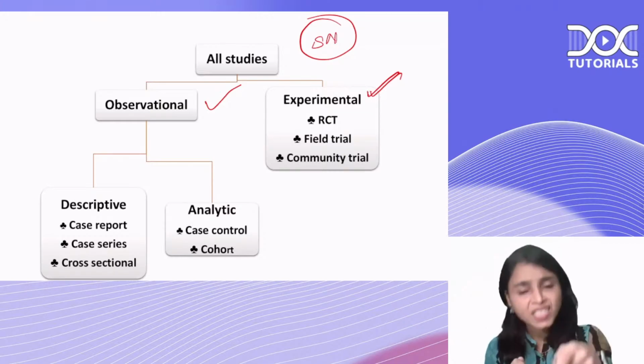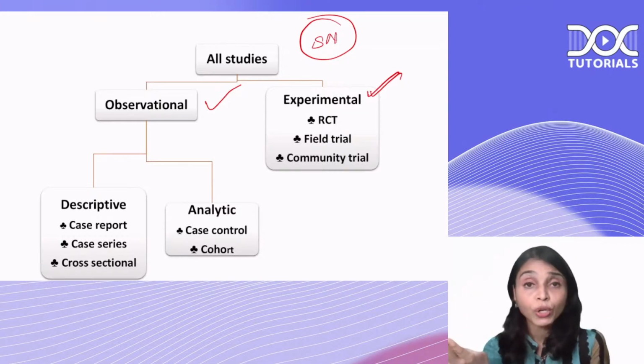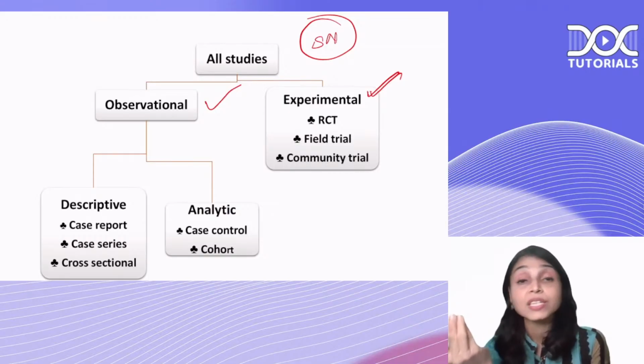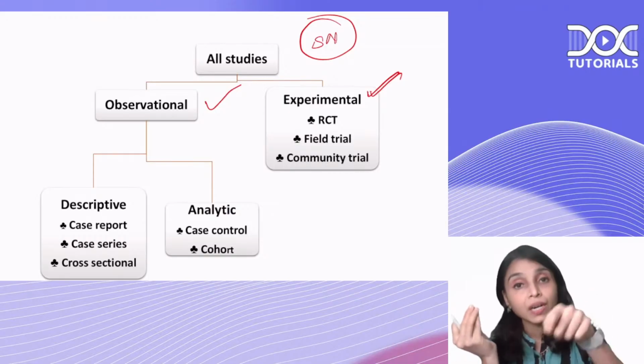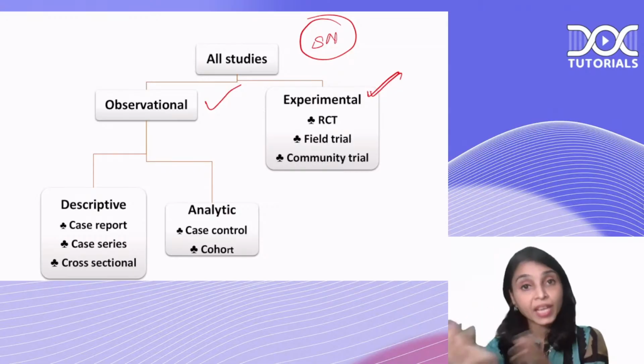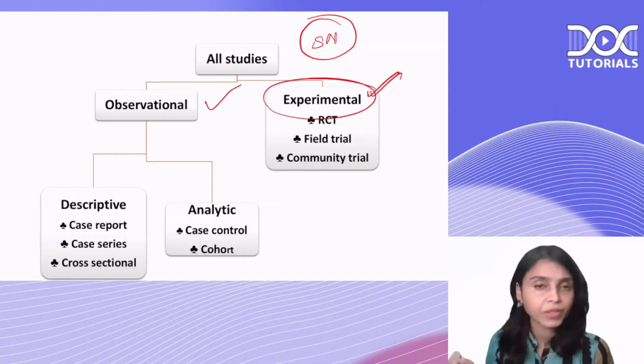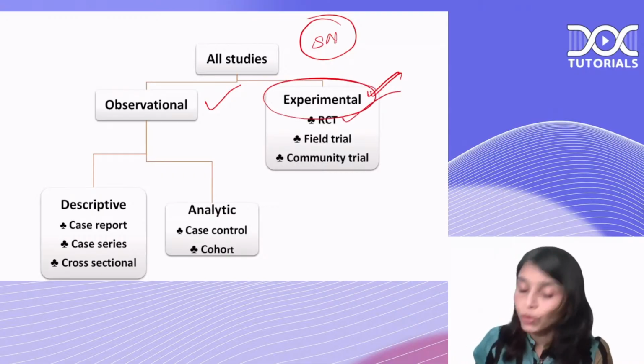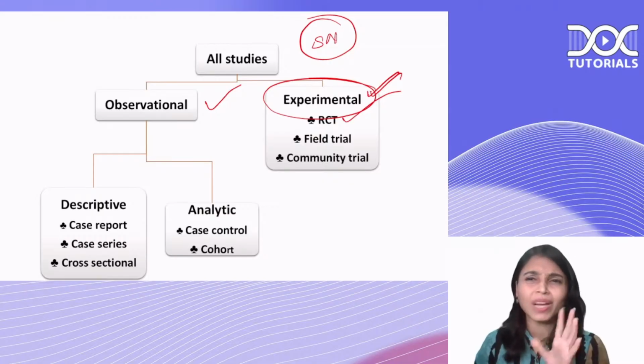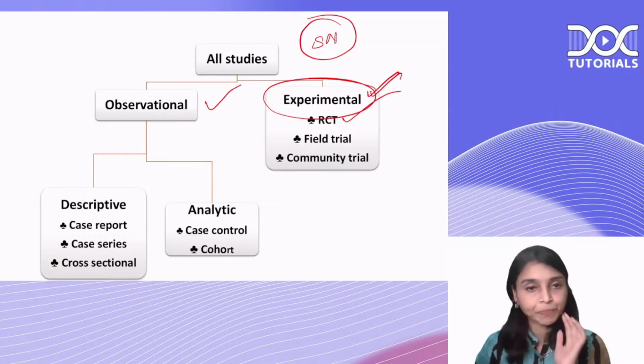Like you are giving a new vaccine and you're seeing what percentage got cured or what percentage of diseases you could prevent. You're giving a new drug and you're seeing what is the outcome or what proportion got cured. Under experimental you have mainly RCT, but usually RCTs are not asked for your exam.